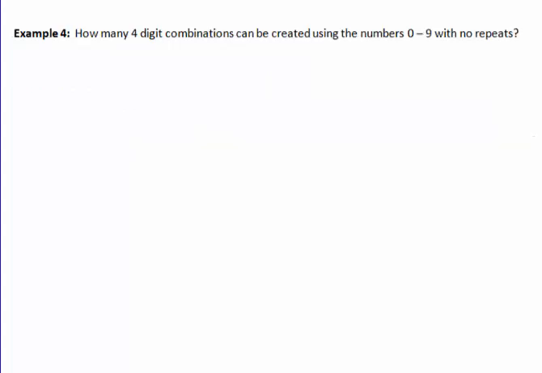So let's try one. We have a 4-digit combination and we want to create a combo with no repeats using the numbers 0 through 9. So in this case, we have 10 distinct objects, or in this case, digits, to choose from. And we want to choose a code that has 4 digits.